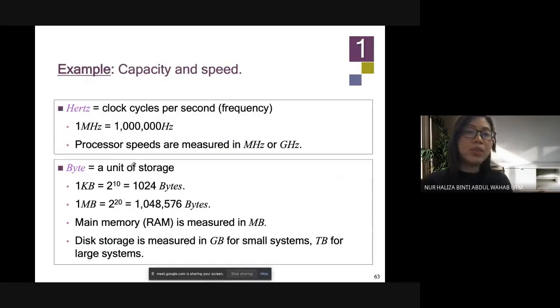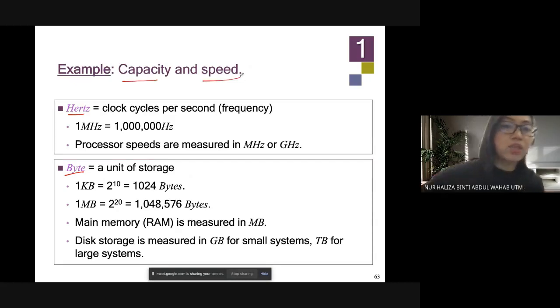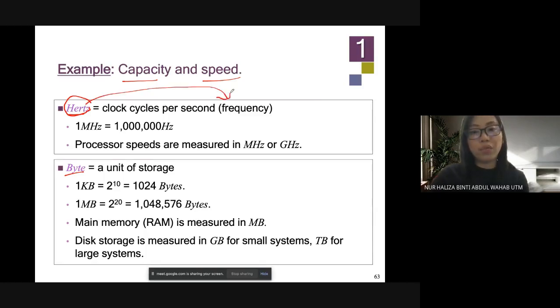Okay, so there are also examples on the hertz, on the byte, the capacity and also speed. So if you look into the advertisement back, you can see that there is a part of hertz. So what is it representing? Which is your frequency, the processor speed.